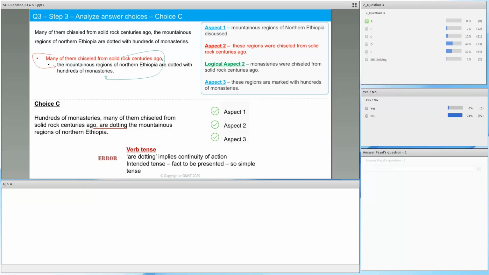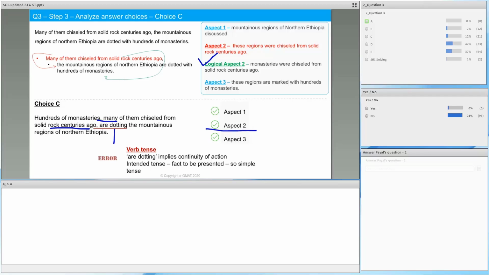Hundreds of monasteries, many of them chiseled from solid rock centuries ago. So this choice actually corrects our logical aspect over here. We get this very logical aspect that we were looking for through our analysis because we understand the intended logic in the sentence. However, choice C is not the right answer because even if the logic is fine, the grammar is not fine over here.